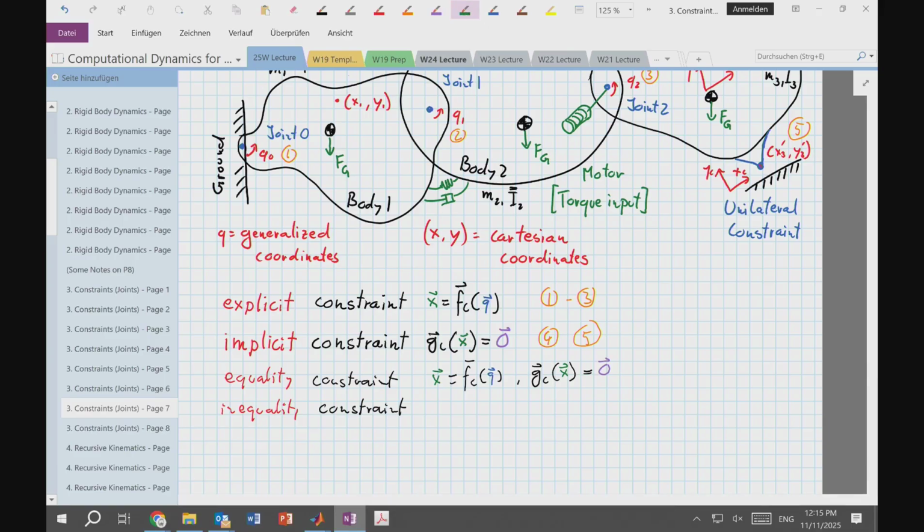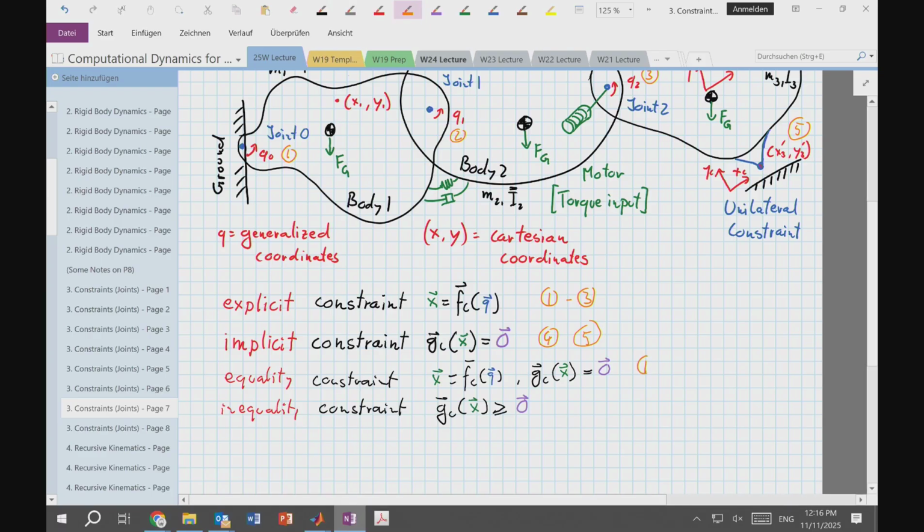An inequality constraint can actually only be an implicit constraint, where I basically replace this gc of x equal to 0 by an inequality where, say, gc of x is larger or equal to 0.